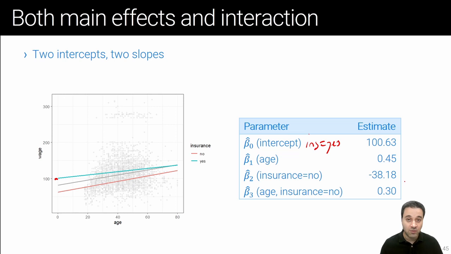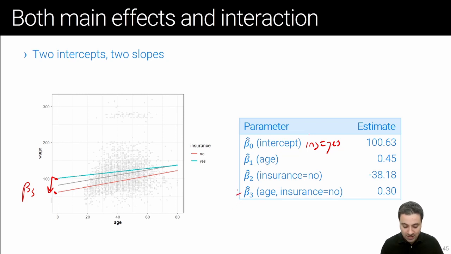Then beta 2 is still the deviation from the intercept for the group insurance equal no. So it's now a negative 38. So it's about there. This is the effect of beta 3. We go from there to there. And then we have beta 1. Beta 1 would be the effect in this case of the age for the insurance yes group. Because if we were insurance no, we would have a deviation beta 3.